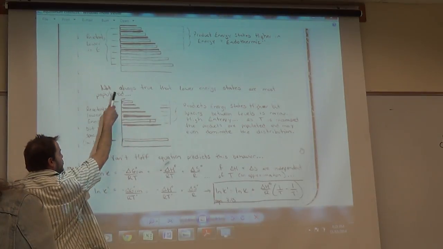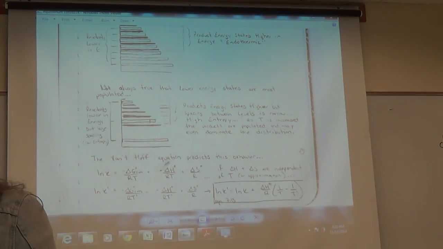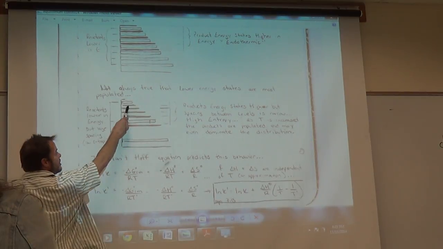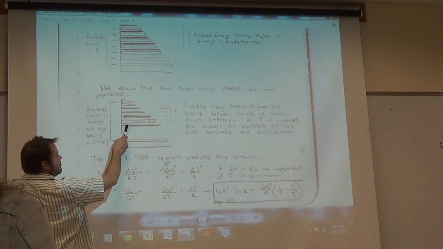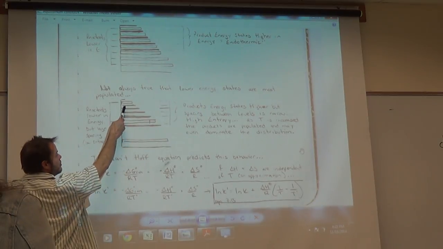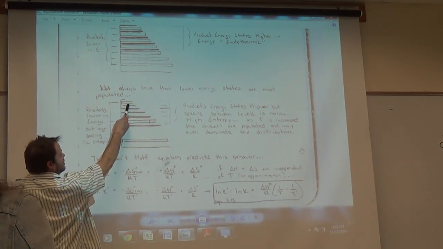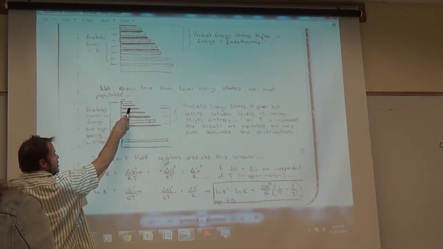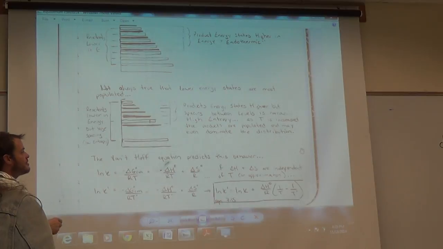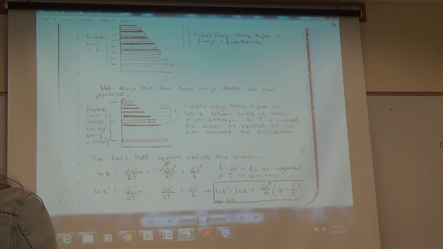But as we increase the temperature on this guy, we have to start populating the higher energy states, and it might be that, at the point that we've filled this energy level, we've accounted for all of our energy, and in that case, we would have more species in our products, in our high energy products, than we would have in our low energy reactants.